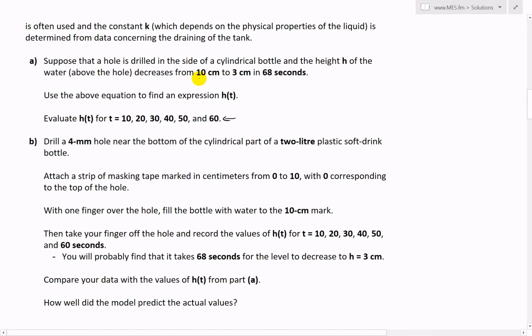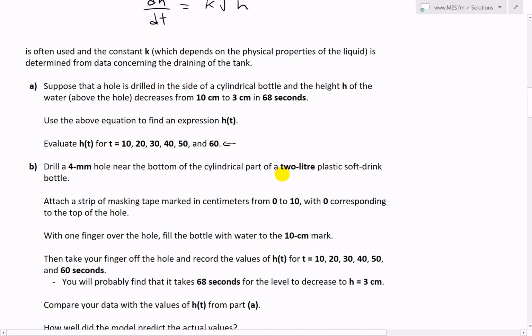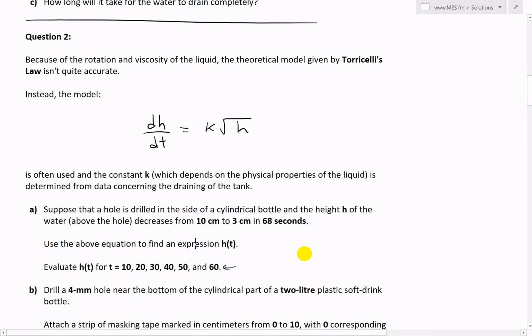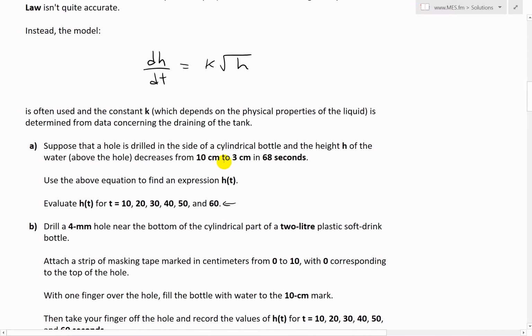This is our experimental data when we're using this differential equation. We're starting from 10 centimeters to 3 centimeters. So h of 0, when time equals 0, is equal to 10 centimeters, and after 68 seconds, h of 68 is equal to 3 centimeters.